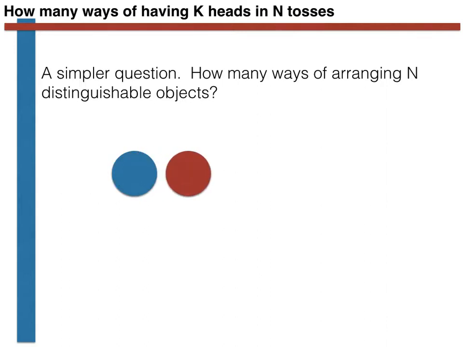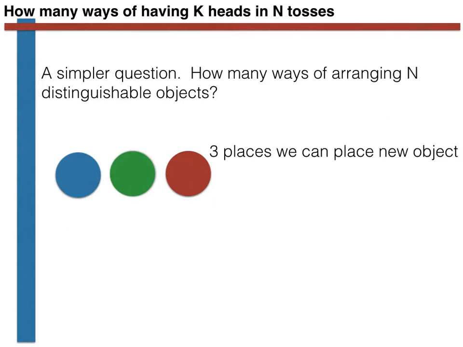blue-red. Furthermore, on introduction of a third green circle, I find that there are 3 places that I can place the green circle in the blue-red pattern shown here. That is to say, I can introduce the green circle before the blue and red circles, after the blue and red circles, and between the blue and red circles.